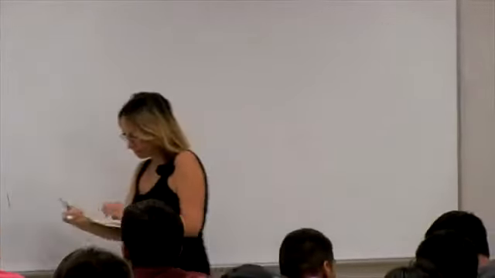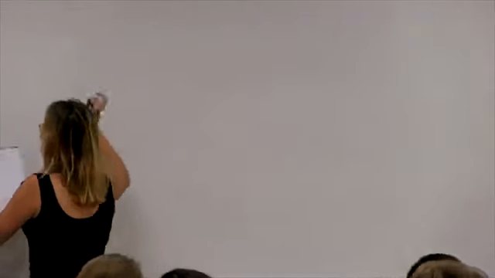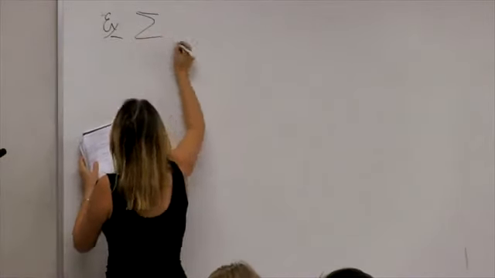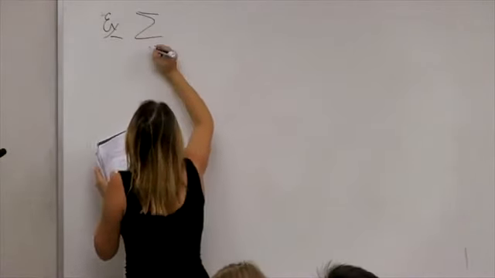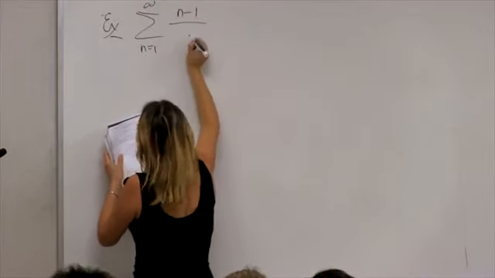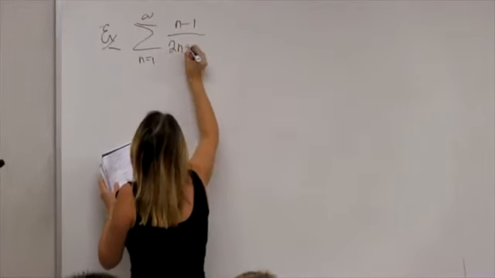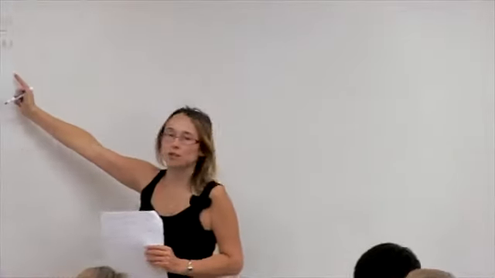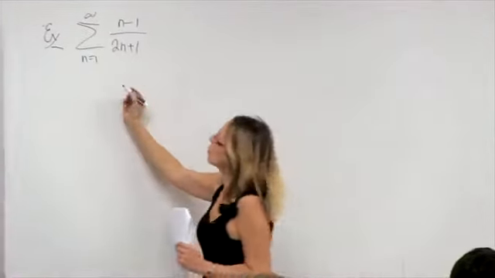So the first example is the easiest. Let's suppose that we have n minus 1 over n plus 1. If we look at individual terms, as n increases, we can see that they don't actually decay to 0.